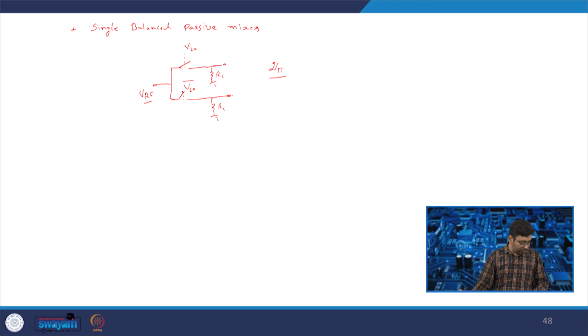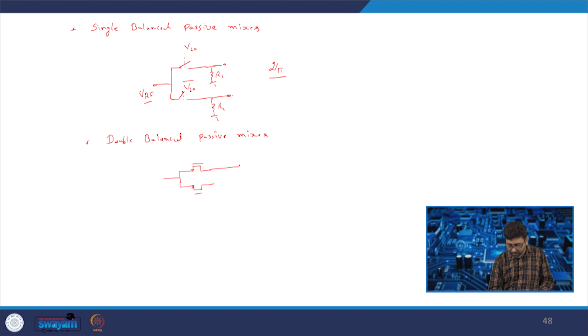And if we try to make it a double balance of the same, so double balance is given by, this is a double balance version of the same.